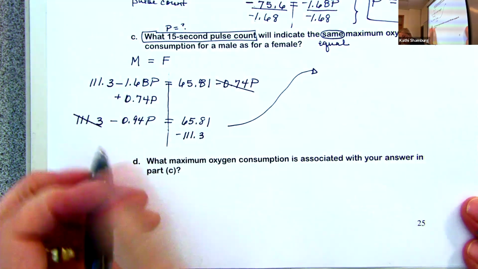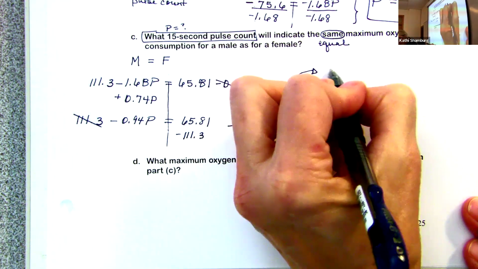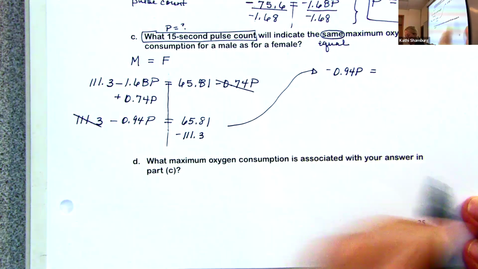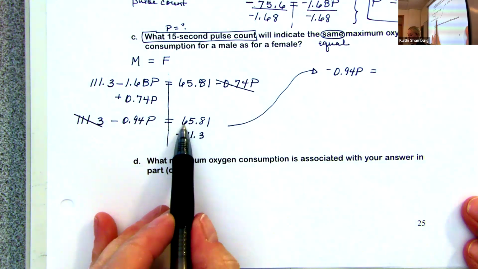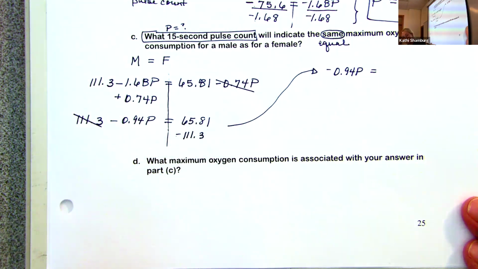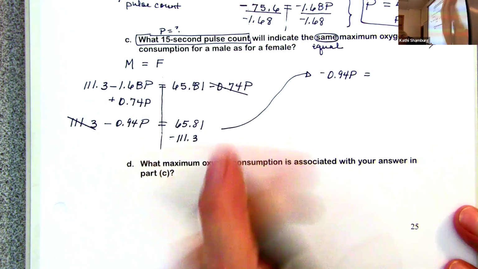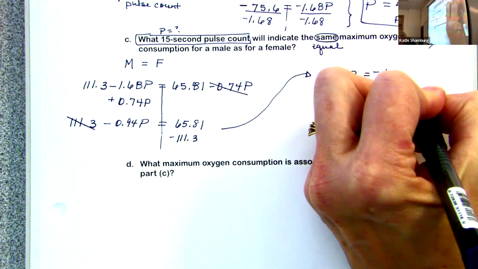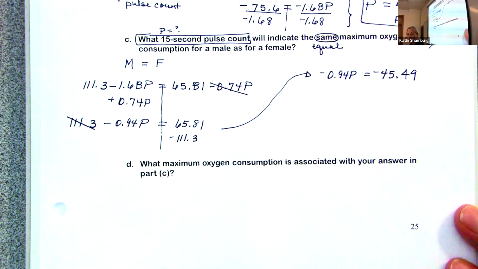So now I'm left with negative 0.94P is equal to, and then go to your calculator and do 65.81 minus 111.3 and tell me what that is. Negative 45.49.